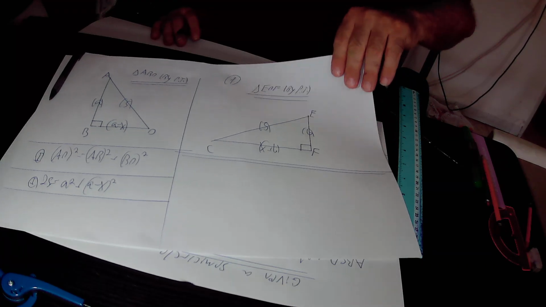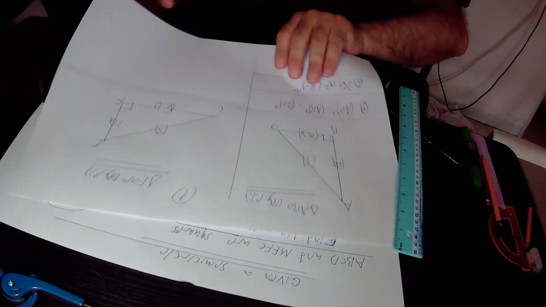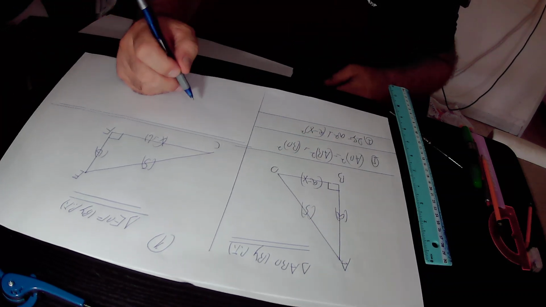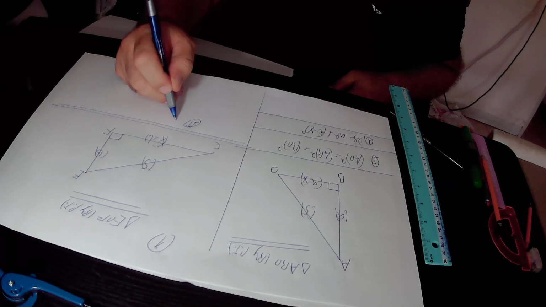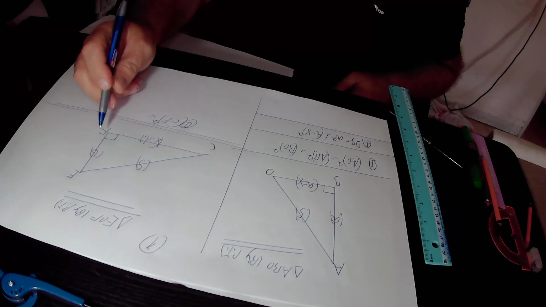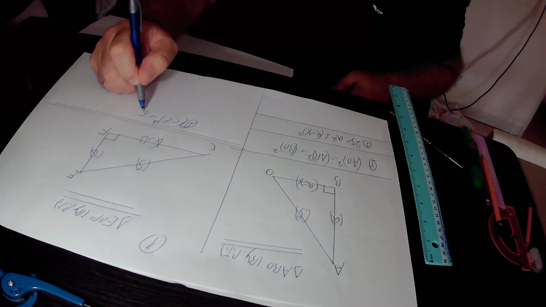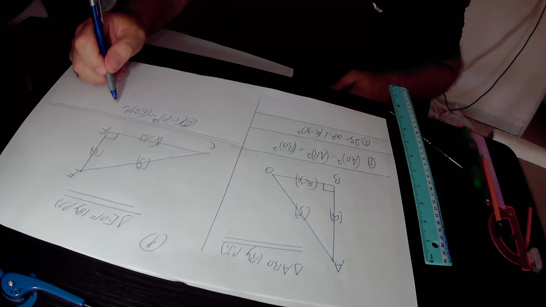So I write it down. This will be equation 2. According to equation 2, CE squared, the square of the hypotenuse, is equal to EF squared plus CF squared.